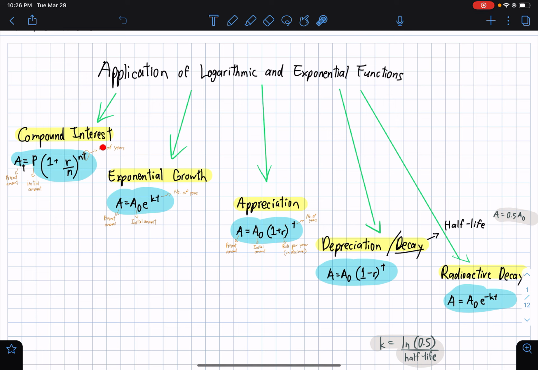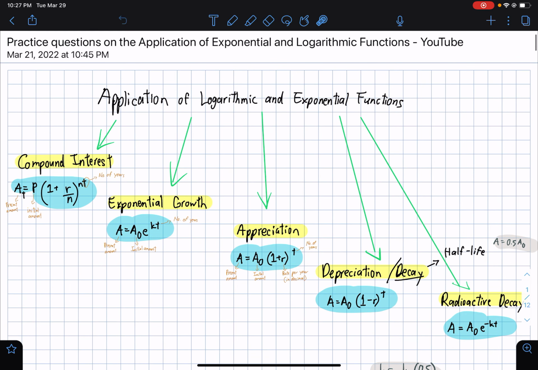When it comes to compound interest, I suppose that it has a difference compared to appreciation in some way, although the formulas of their respective titles are quite similar. Except there is a divided by N. They both have raised to T. T stands for time.